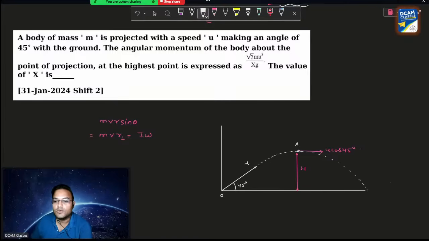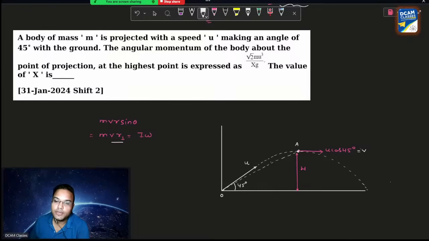Because this is MVR, where u cos theta is the velocity, and about the point of projection, the radius will be h. If someone asks why you are doing velocity into perpendicular distance, I have given you this.